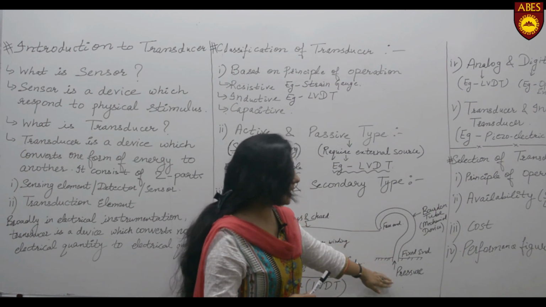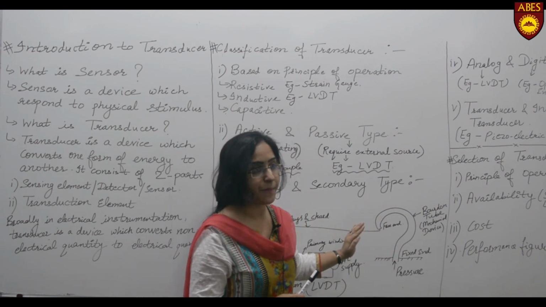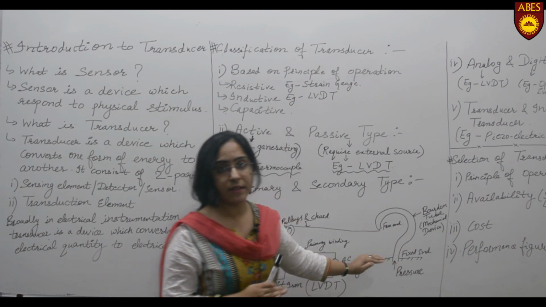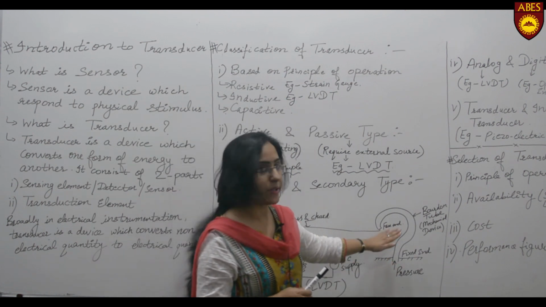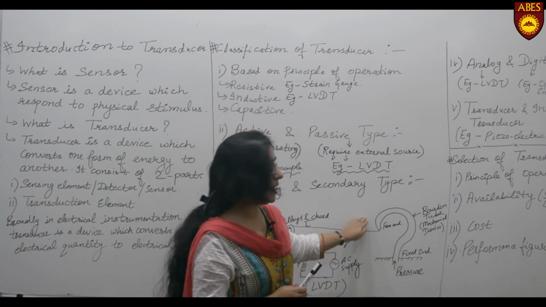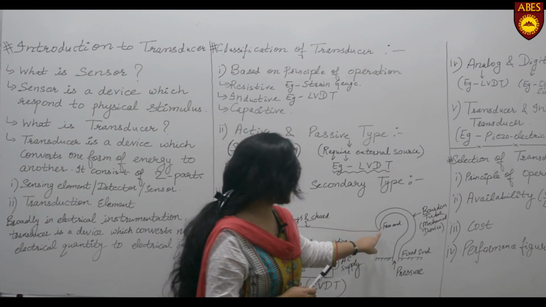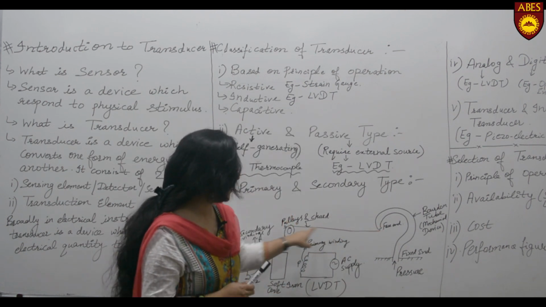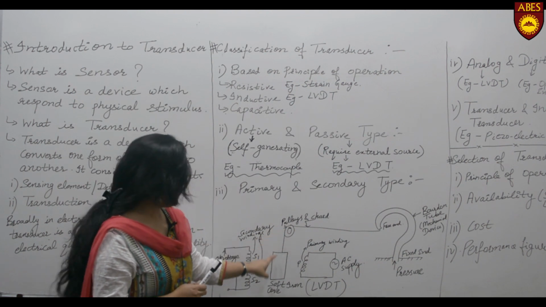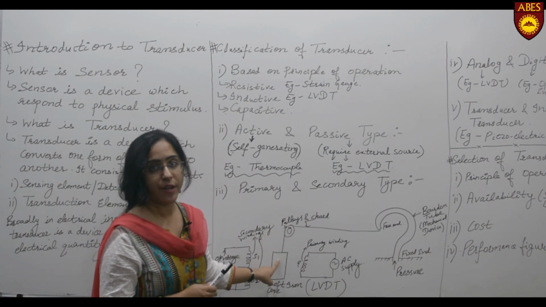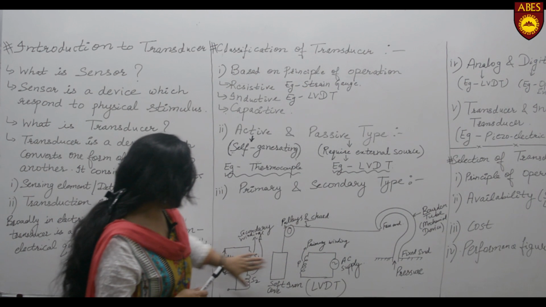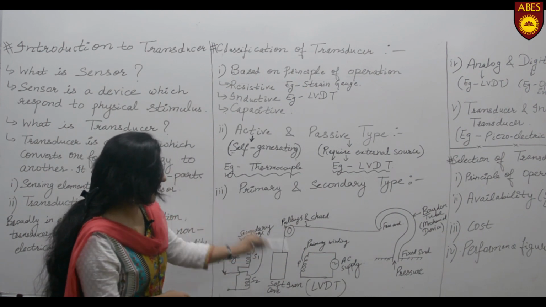The Bourdon tube has a fixed end and a free end. The Bourdon tube is a mechanical device which senses the pressure and converts it into displacement. That displacement can be taken up with the help of the cord and pulleys which are connected to the soft iron core. Now this is the LVDT. This is the circuit diagram of the LVDT.